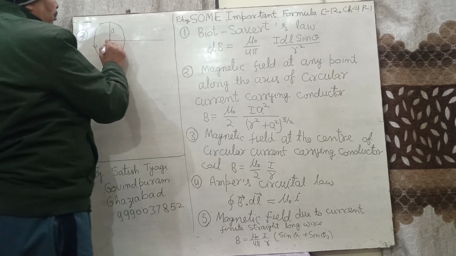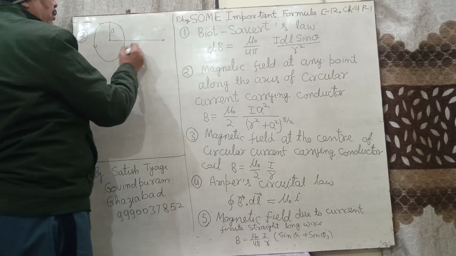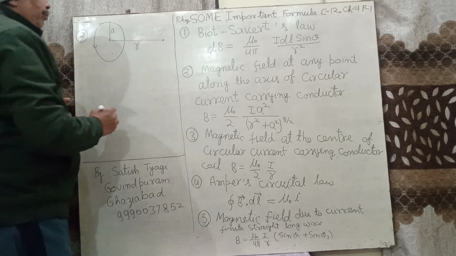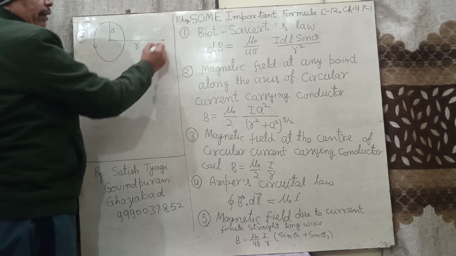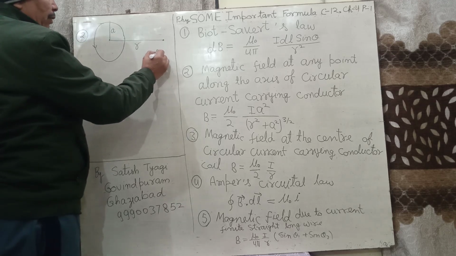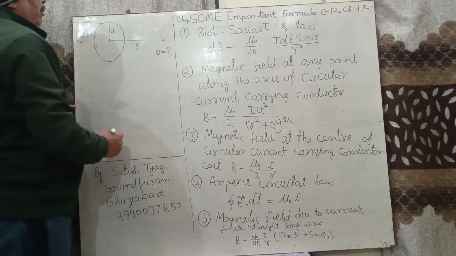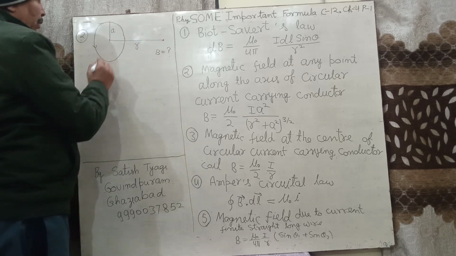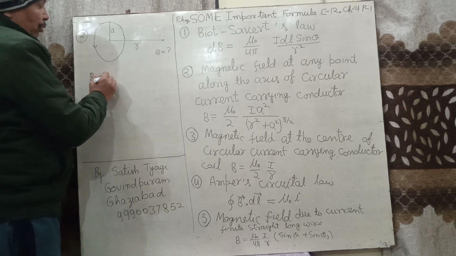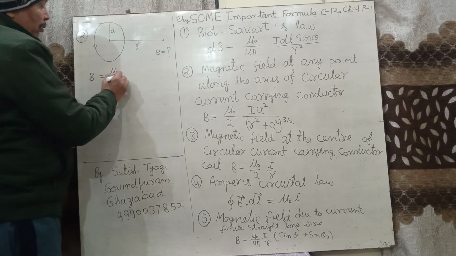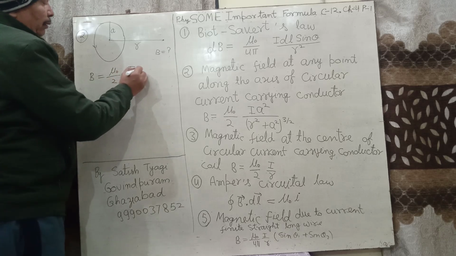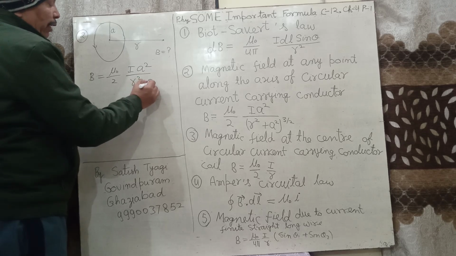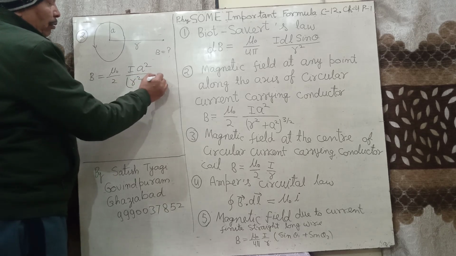The distance from the center to this point is r, where we find the magnetic field B. Then the magnetic field B equals mu 0 upon 2 I a square upon r square plus a square to the power 3 upon 2.